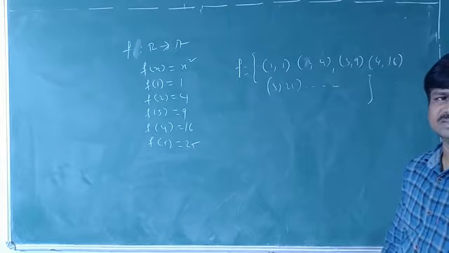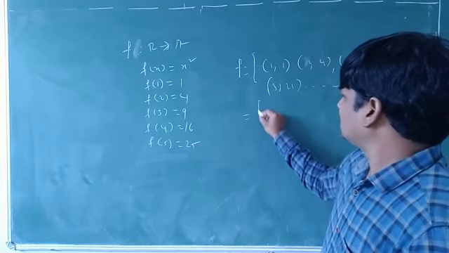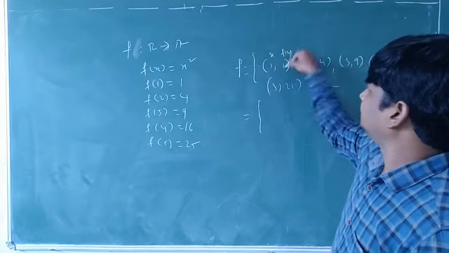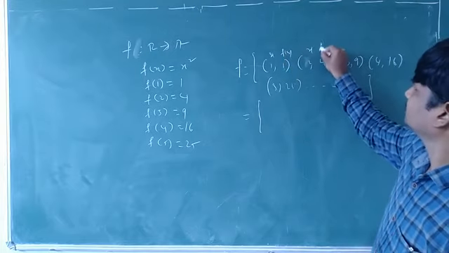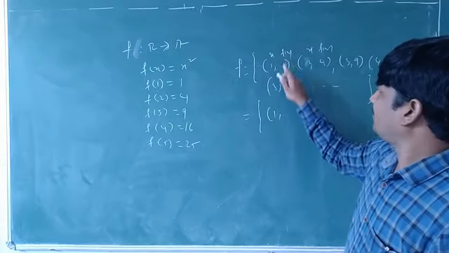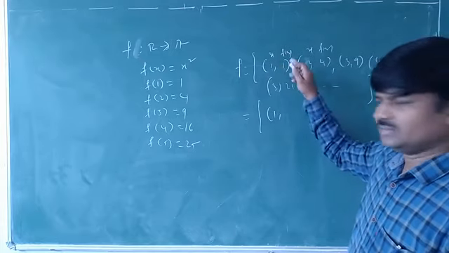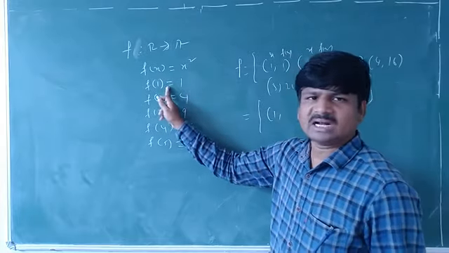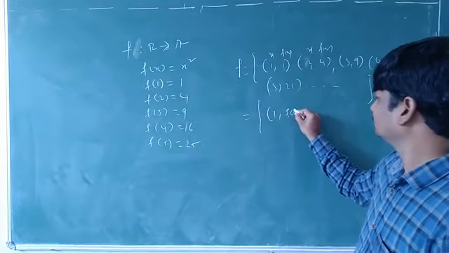Like this you will write, or not? Just observe carefully. Or else you can write like this also. It is the x value, and this is the f of x value. So 1 comma f of 1.